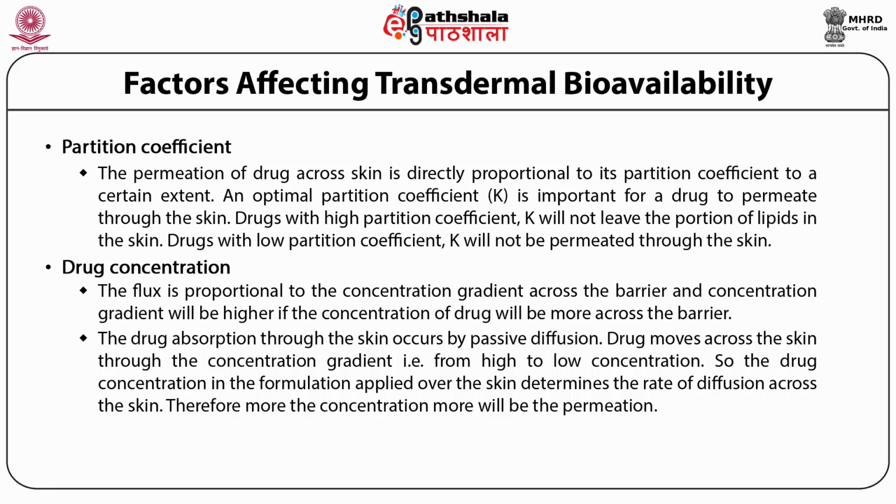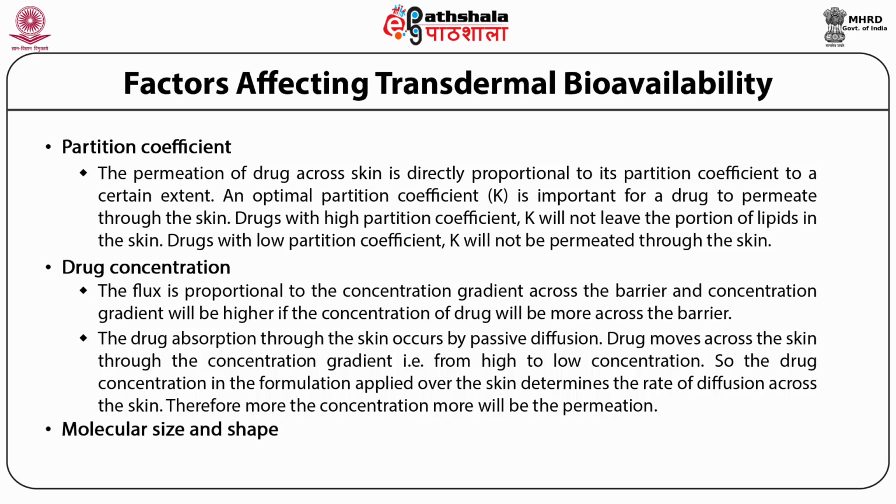Drug moves across the skin along the concentration gradient, that is, from high to low concentration, so the drug concentration in the formulation applied over the skin determines the rate of diffusion across the skin. Therefore, the more the concentration of the drug, the more will be the permeation through the skin.